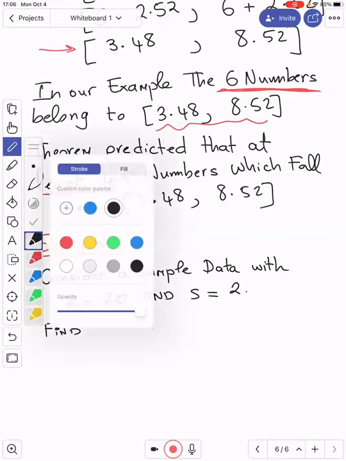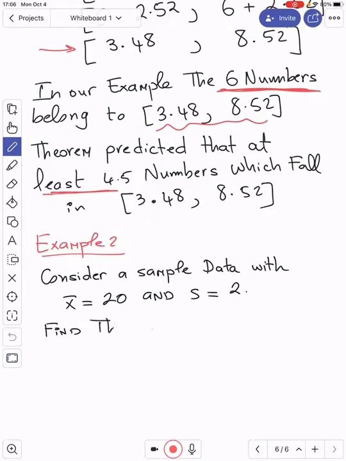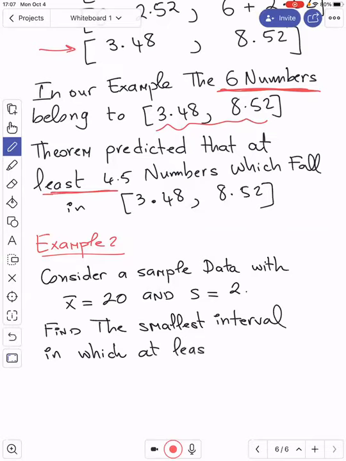Find the smallest interval in which we can expect at least 93% of the data values.